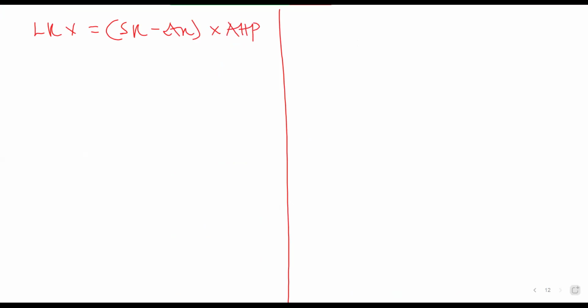Then we have the labor efficiency variance, which will be the standard hours minus the actual hours worked, multiplied by the standard rate. Okay. So let's go to the question.